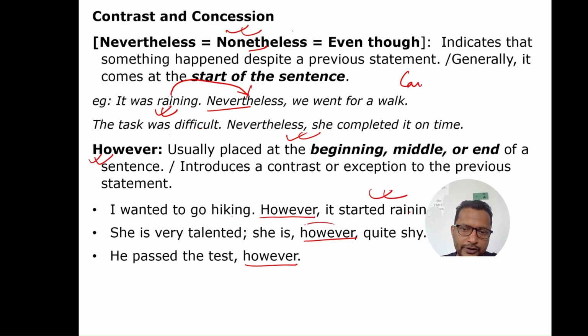See, the however comes in between, right? So it is also a correct sentence. She passed the test, however. This is also a complete, grammatically correct sentence. So however can come at the start, in the middle, and at the end of the sentence. This is the only difference. Generally, nevertheless, nonetheless, even though will only come at the start or beginning of the sentence.